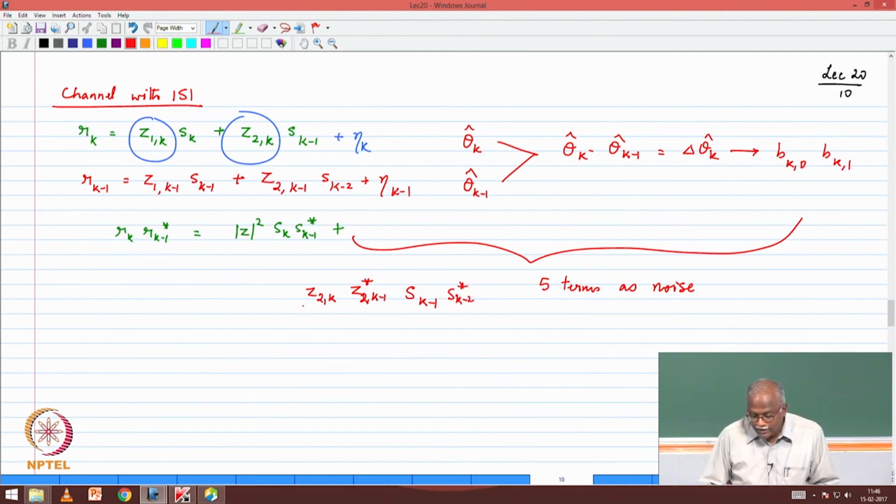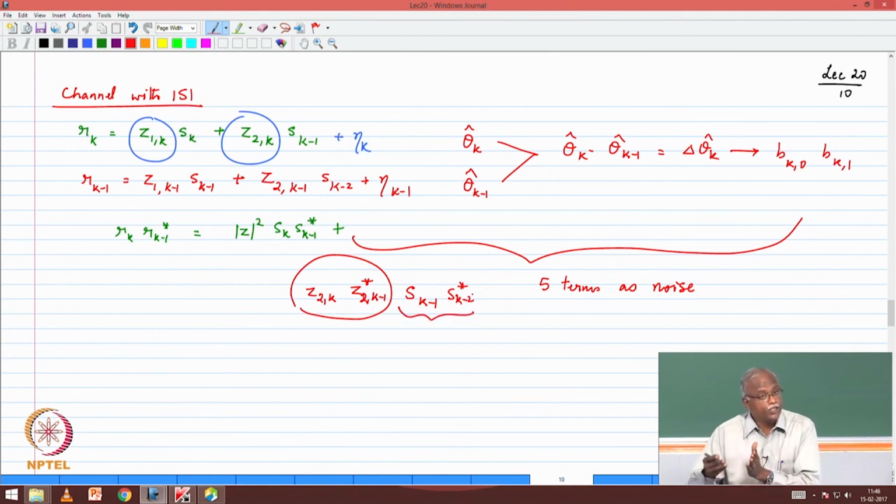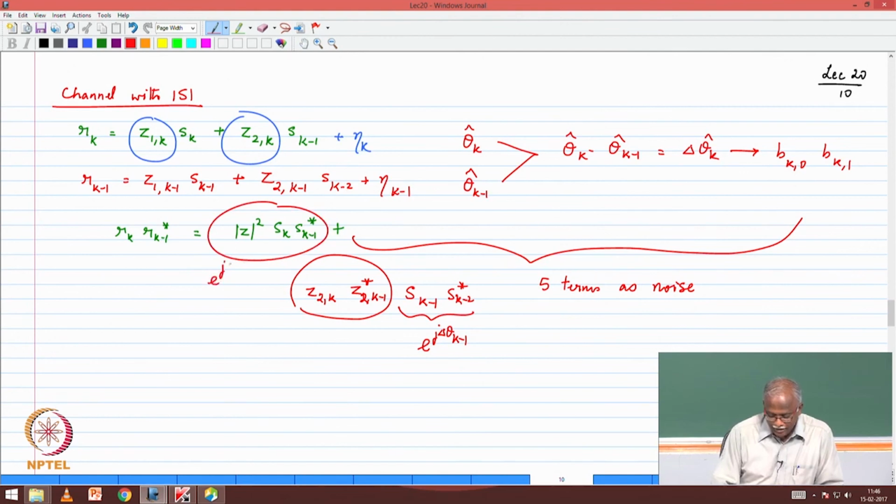Now, this is a term that has got magnitude squared approximately equal to 1, because that is a Rayleigh coefficient. This is a signal that is of magnitude equal to 1, Sk minus 1 conjugate. In fact, this is actually a useful information. What is that? It is e power j delta theta k minus 1, but I am interested in detecting e power j delta theta k, and it so happens that delta theta k minus 1 is there in my expression, but I am not using that information.